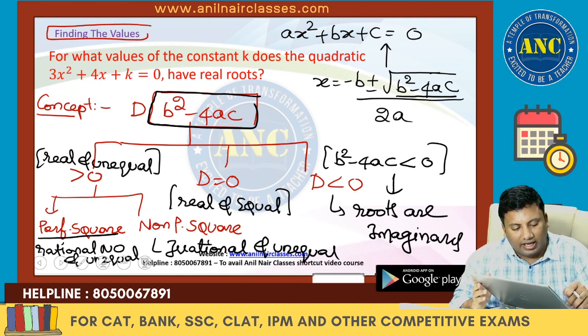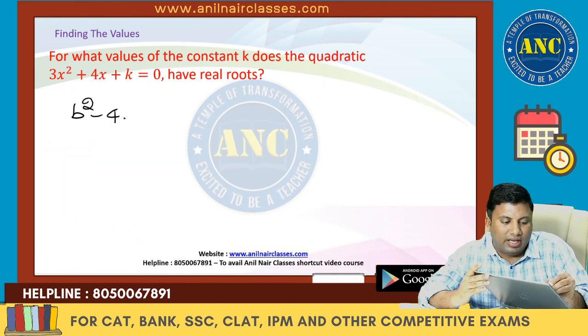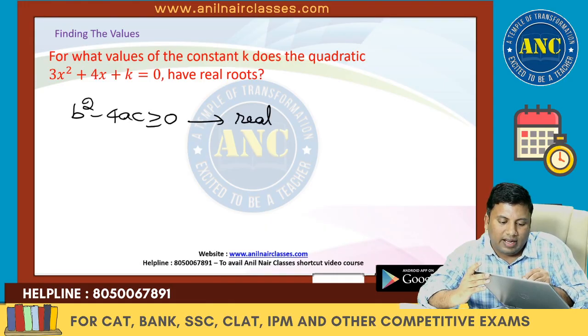Right? Now please write down a point. B square minus 4ac greater than or equivalent to 0, you will get real roots.